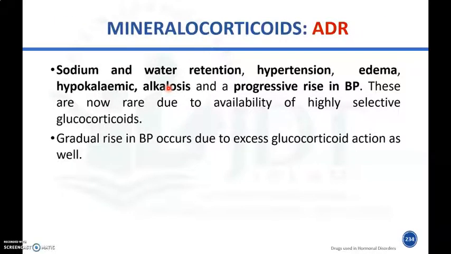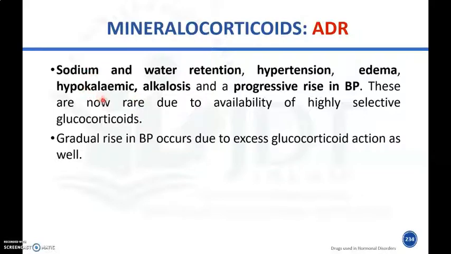Now, what will happen if there is an increased aldosterone secretion, or if you are using overdosage of mineralocorticosteroid analogs? It may lead to hyperaldosteronism. So there will be a water and sodium retention in our body. So it may lead to hypertension, edema, and also it will increase the excretion of potassium.